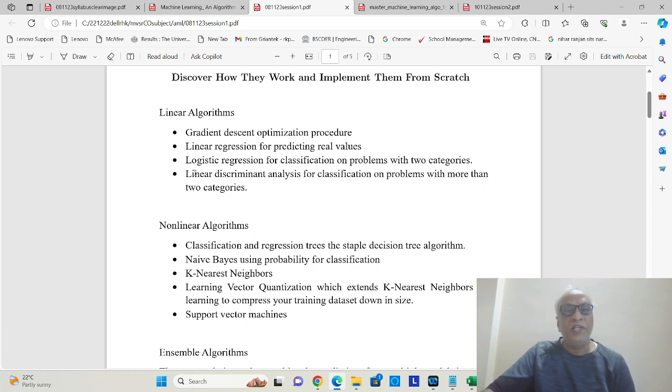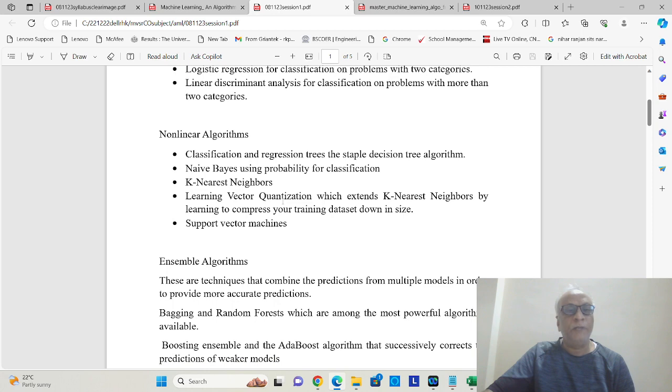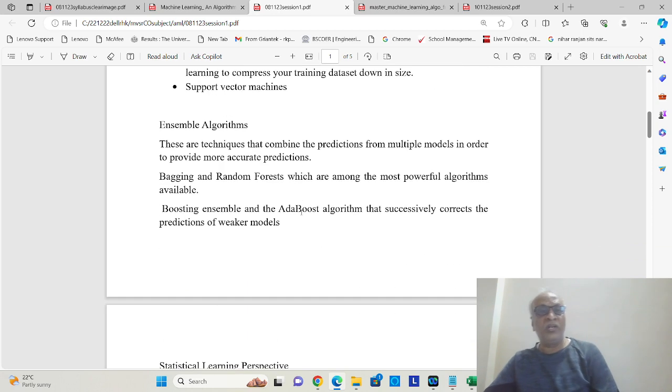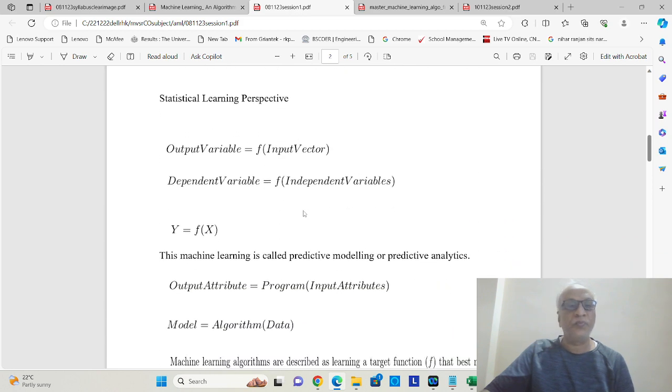Say for example, linear regression, logistic regression, LDA can be linear, then k nearest neighbor, support vector machines can be non-linear. Then we mentioned ensemble algorithms such as bagging, random forest, boosting and AdaBoost.